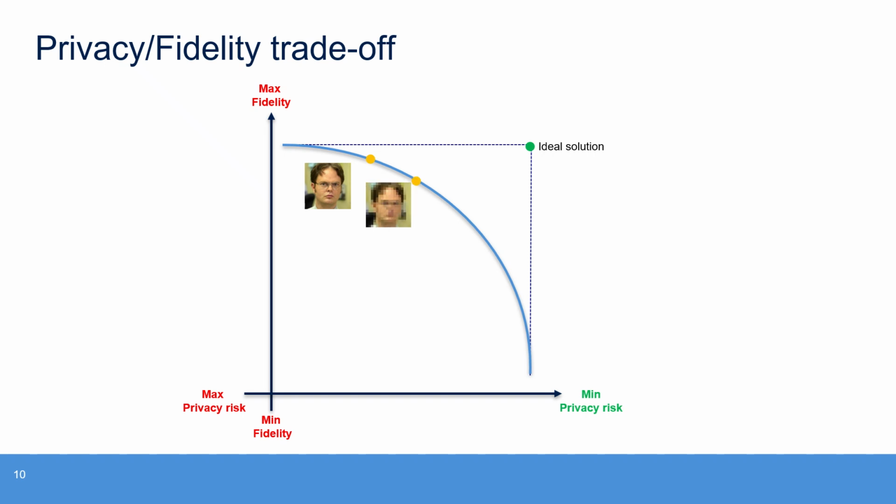But if we protect privacy too strongly by removing too much detail, the data becomes less meaningful. So the real challenge is finding the right balance between privacy and fidelity, depending on what the data is meant to be used for. And that's exactly what many researchers, including myself, are working on, making synthetic data both safe and meaningful.